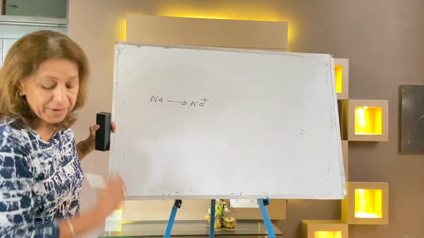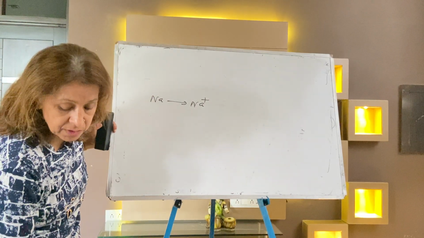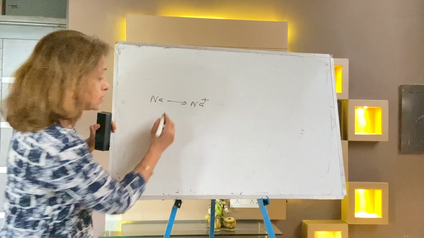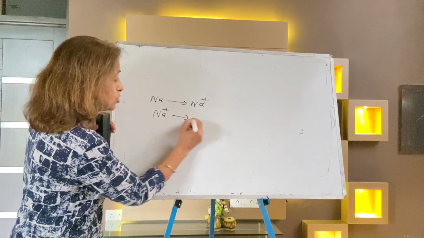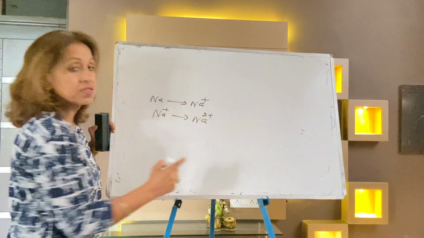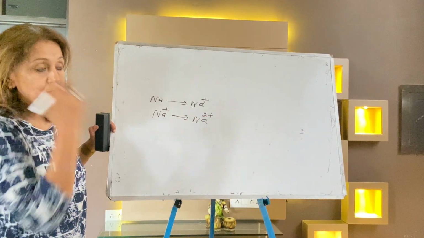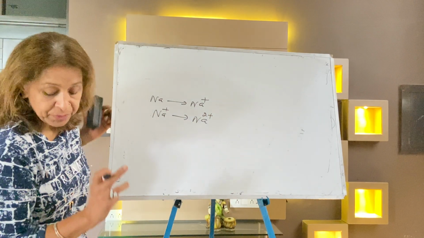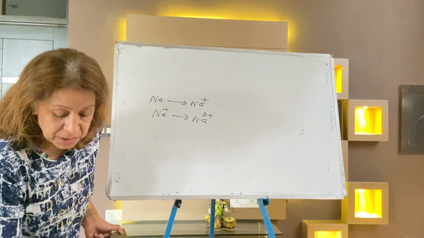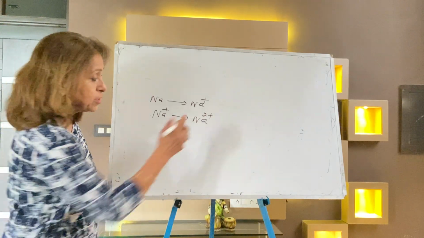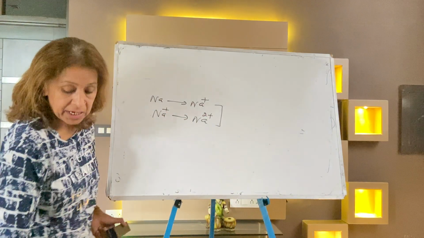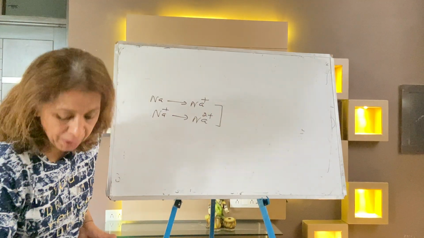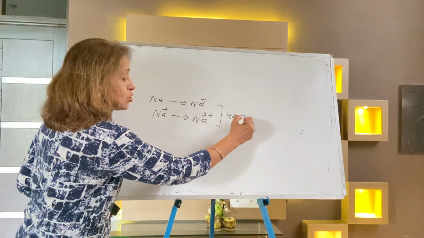This is IE1 required. Second is Na+ arrow Na2+. This is IE2 required: first electron removal gives Na+, second electron removal, IE2, gives Na2+. The difference between these two ionization energies is 42.7 electron volts, quite 40.